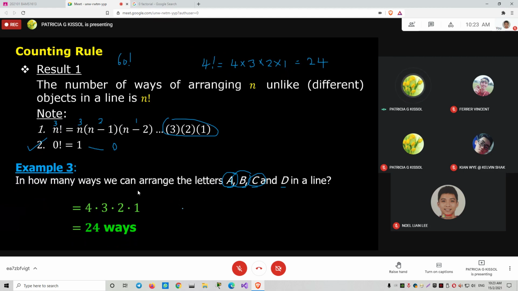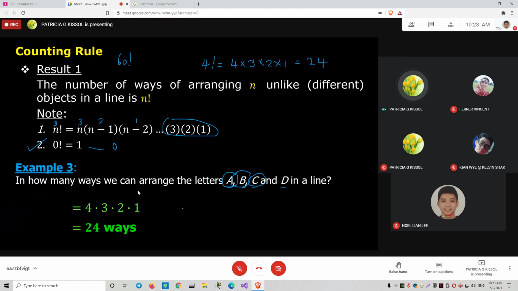So this is assuming that no repetition is allowed. Because you only want to arrange the letters, that means you only use each once. Once you have chosen A, for example, you only have 3 letters to choose from. Once you have chosen 2 of them, you only have 2 more. And if you have chosen 3 of them, you only have 1 more.